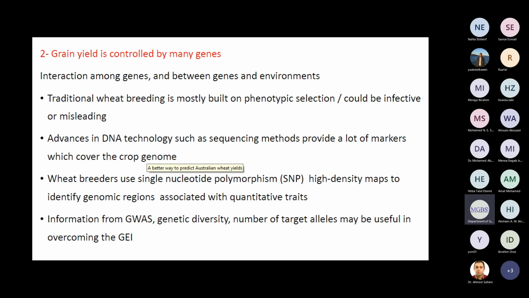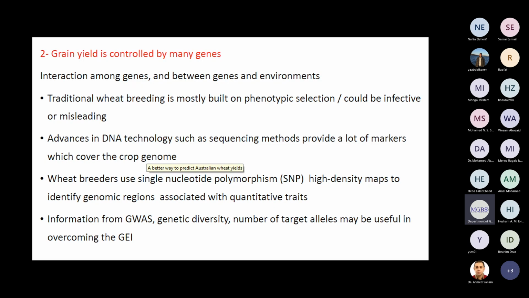But the current advances in DNA technology provide very new methods for sequencing, which can provide a lot of markers, like single nucleotide polymorphism. And such a huge number of markers can be used by many genetic analyses, such as genome-wide association.